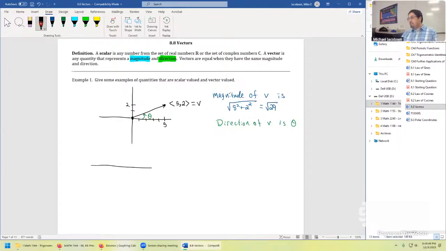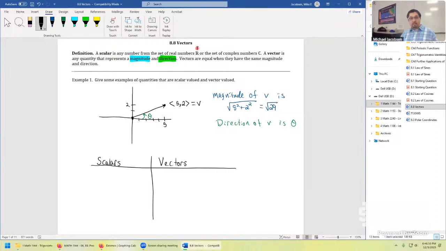So if you're thinking of vectors as things with actual physical context, it's good to compare scalar values and vector values. So recall, a scalar is just a number in the set of real numbers. And a great context for this is maybe, say, driving.